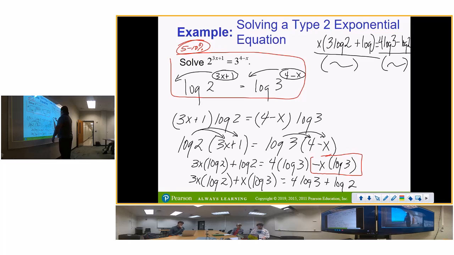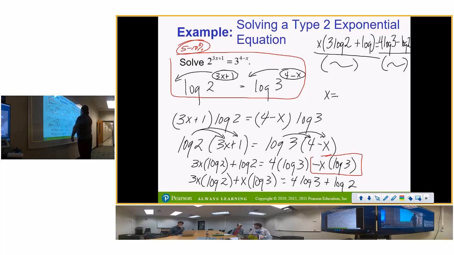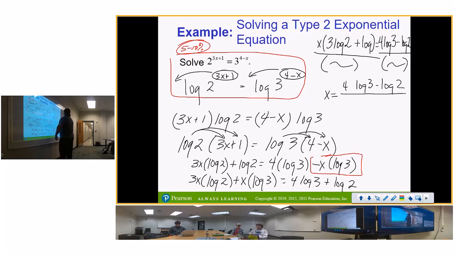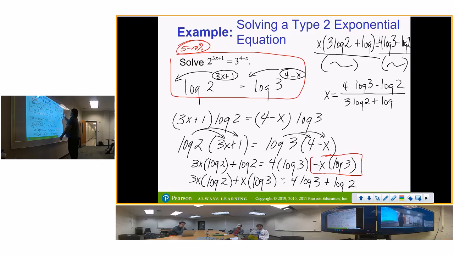So x is going to be equal to 4 log of 3 minus log of 2 over 3 log of 2 plus log of what? It disappeared. Is it 4 log of 3? No. It's 3. Log of 3.